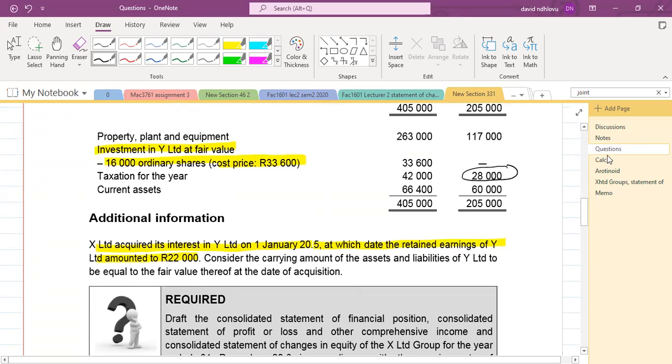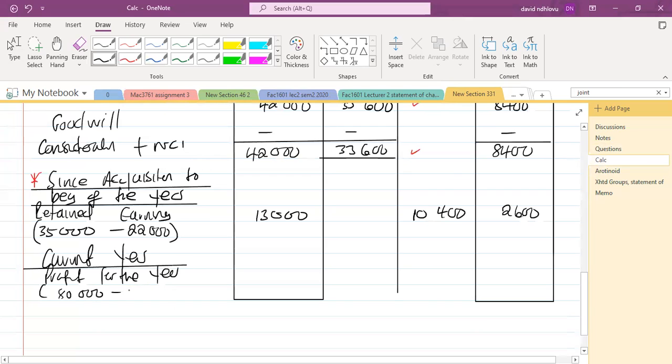So we deduct the 28,000 here. So 80,000 minus 28,000, you are going to get 52,000. Share that between the two parties. We then have 4,600 here, minus 52,000, we are going to get an amount of 10,400.